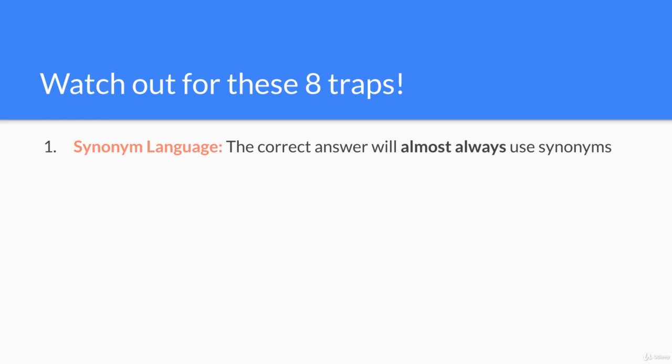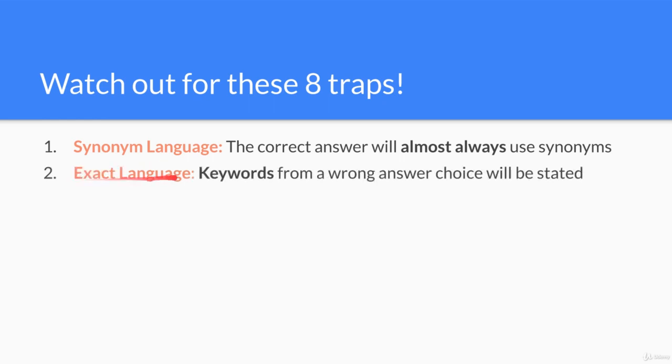The next trap to look out for is the exact language trap. In this type of trap, the examiners are going to use keywords from a wrong answer choice. So they might use a certain word, for example, let's say the word book. The word book might appear as one of the answer choices.